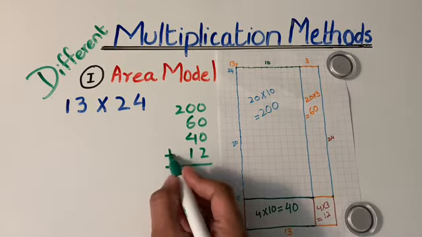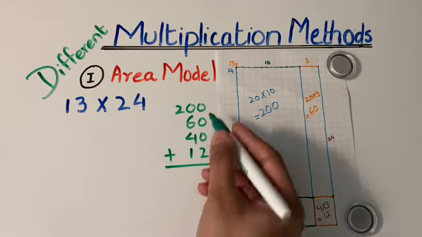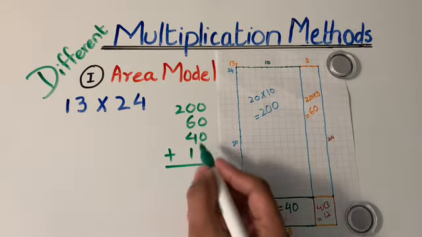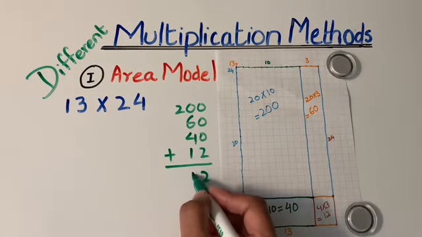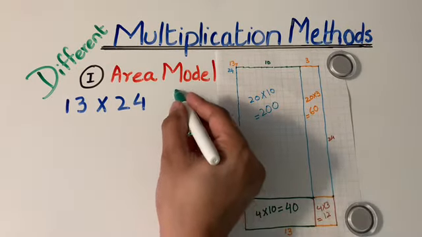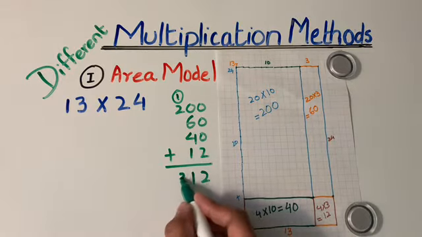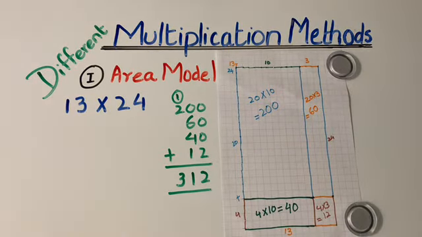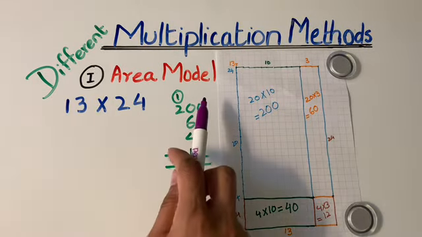Now I'm going to add all of these areas. So 2 and 1 carry, so it will be 312. 312 is the area of our rectangle using the area model method.